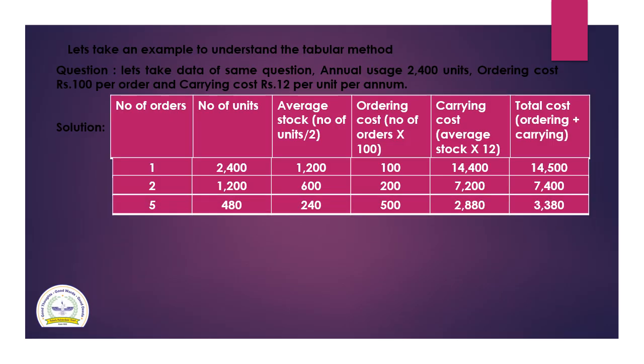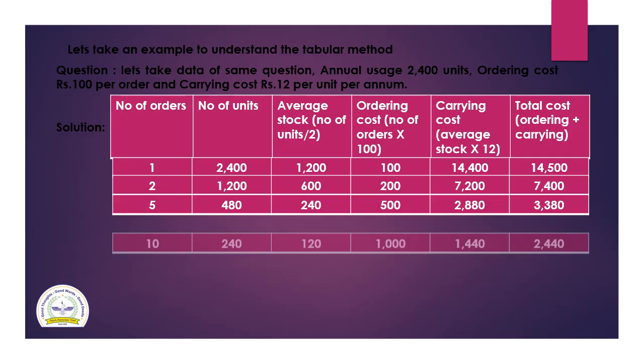Let's take another assumption where we are increasing the number of orders to 5. Number of units for each order will be 480, average stock 240, ordering cost 500, carrying cost 2,880. So total cost comes to 3,380.